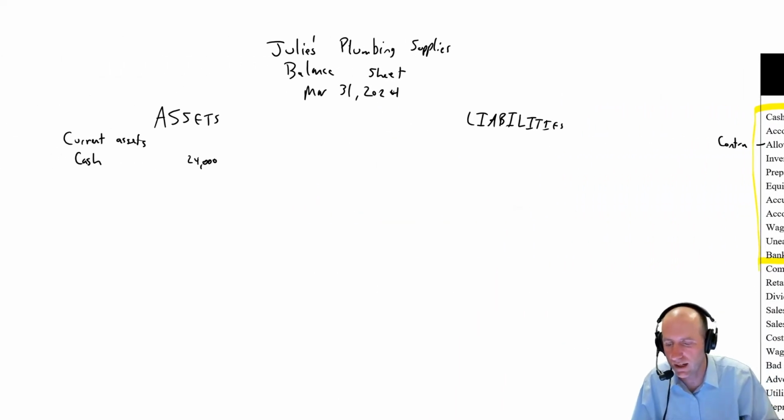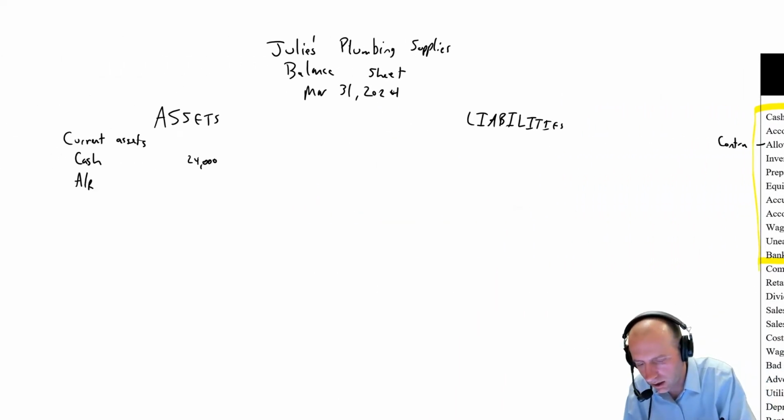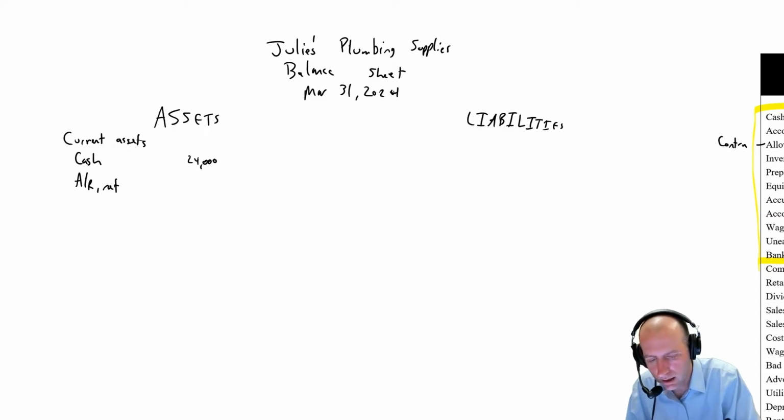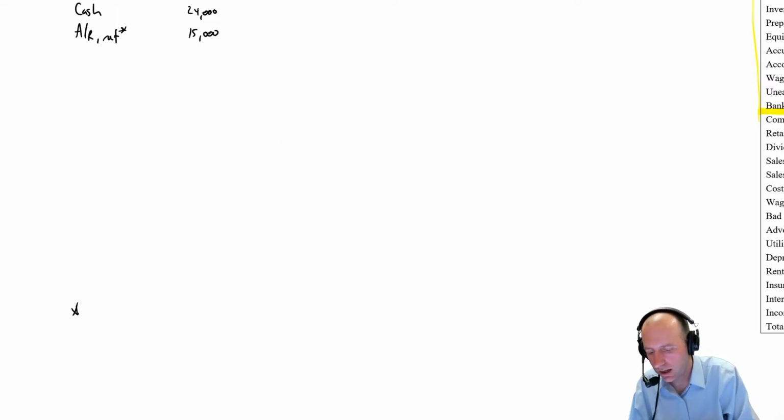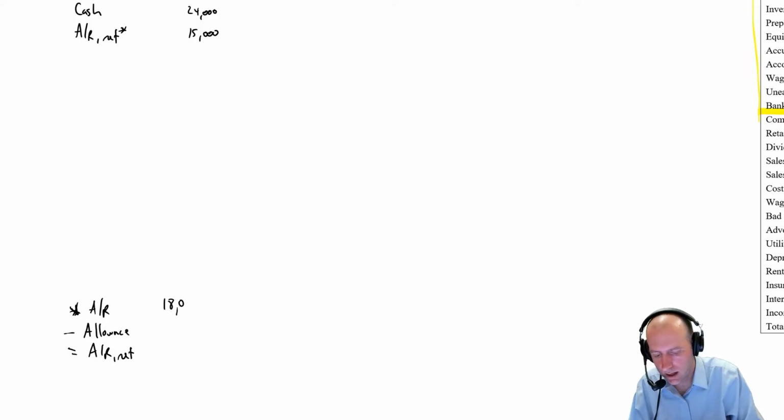So let's put that in here. AR net, and it's 15,000, and just below at the bottom of my page, I'm going to show that calculation. I'm going to say AR minus the allowance equals my AR net, and in this case it's 18 minus 3 equals 15.